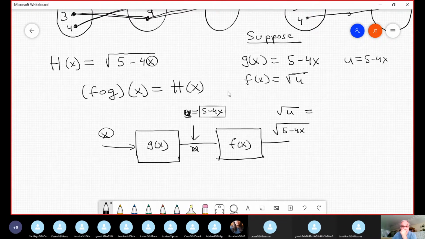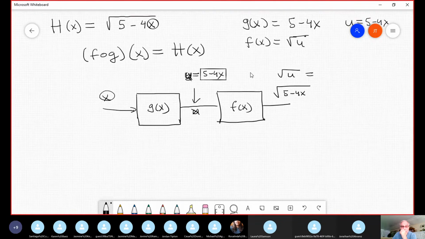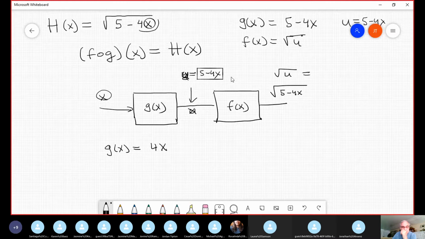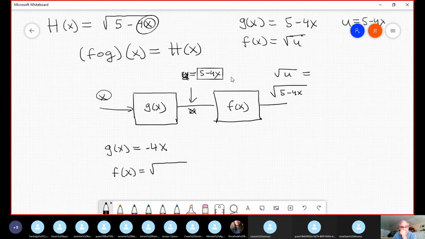Of course not. Another student said, no, professor, I disagree with this idea. I suppose that the g function is just minus 4x. Then the f function is the square root of the rest.